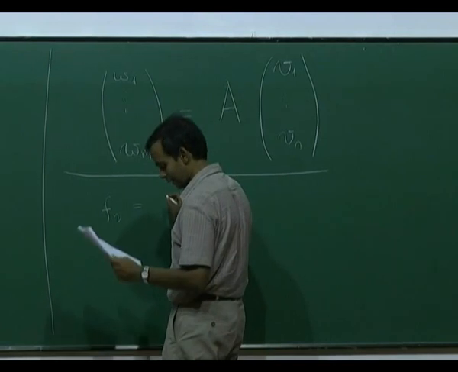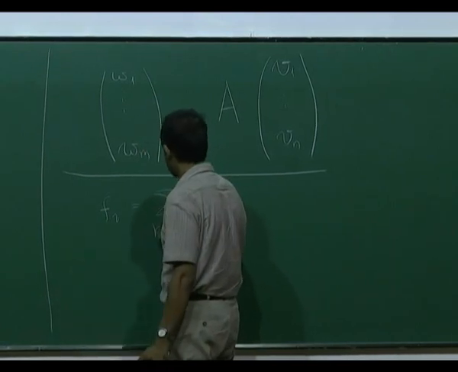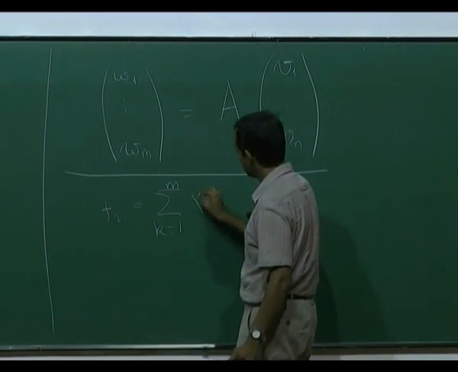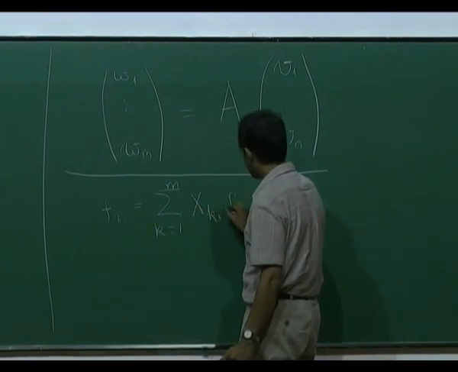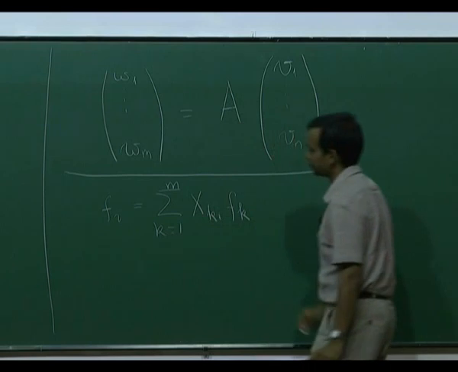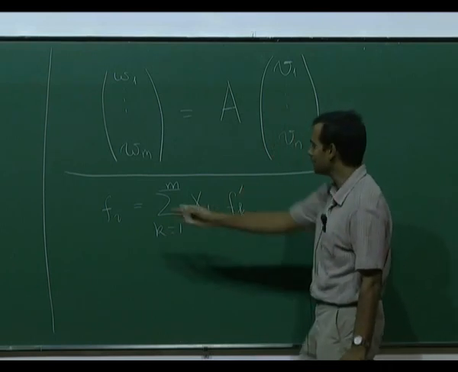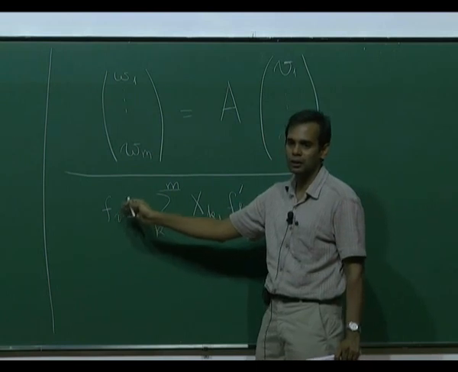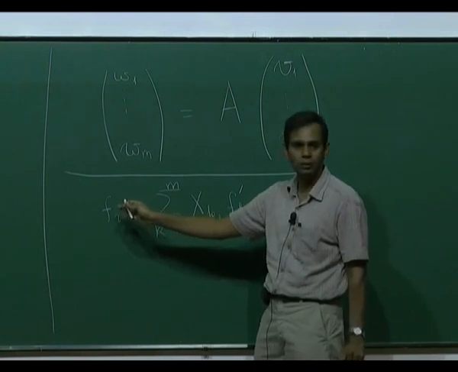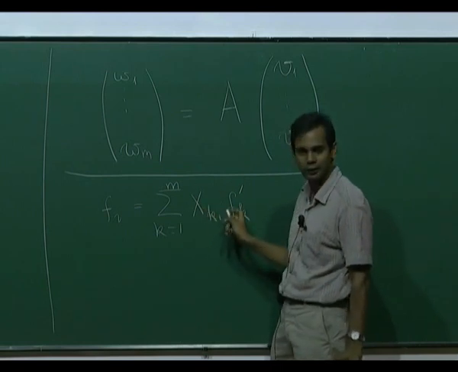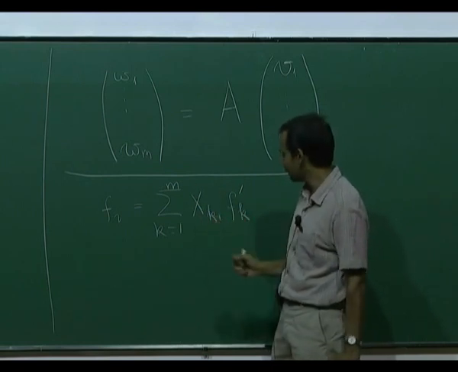So, I can write Fi equals summation k equals 1 to m, let us say x ki Fk prime. So, this is my new basis. Since it is a basis, I can expand each vector in the old basis in terms of the vectors in the new basis, and I get some coordinate coefficients, and I can arrange them in a matrix.